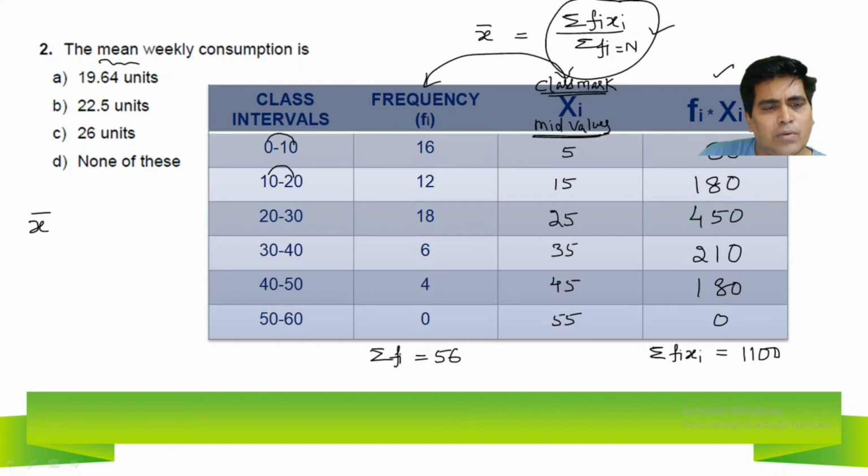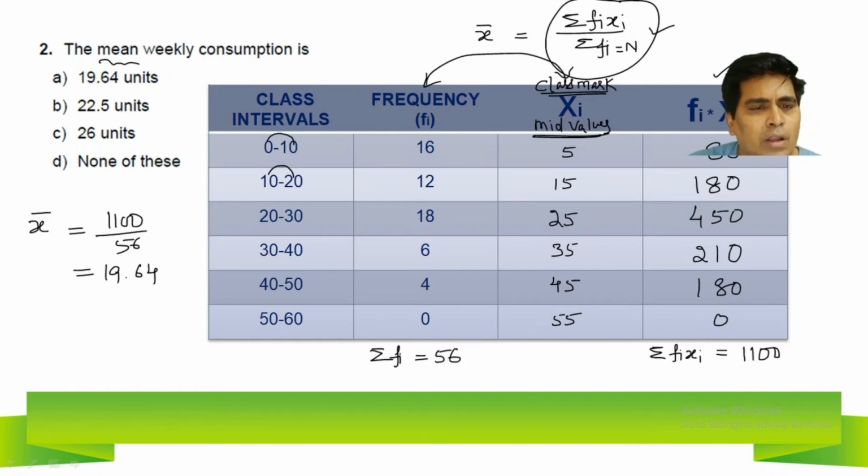So mean x bar is equal to 1100 by 56. If you calculate this division, you will definitely arrive at 19.64. Here your option goes to A.